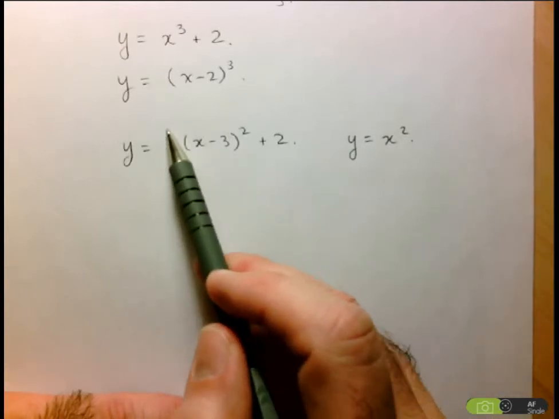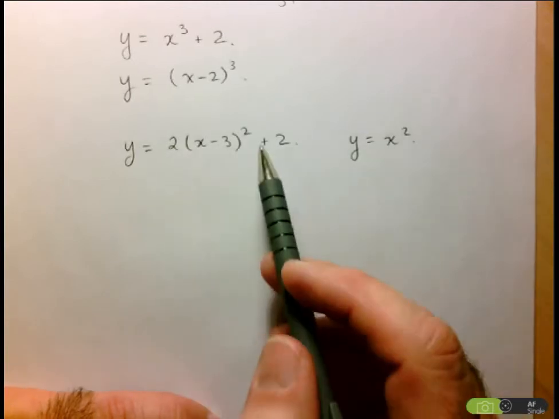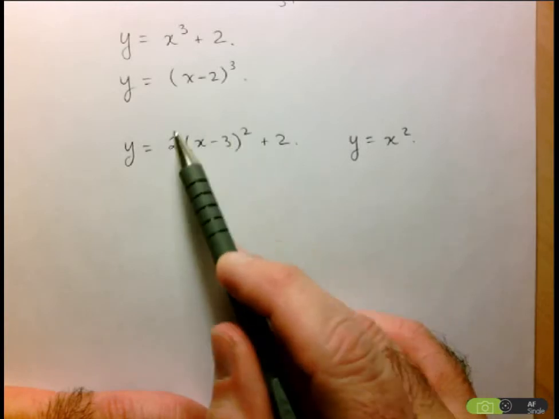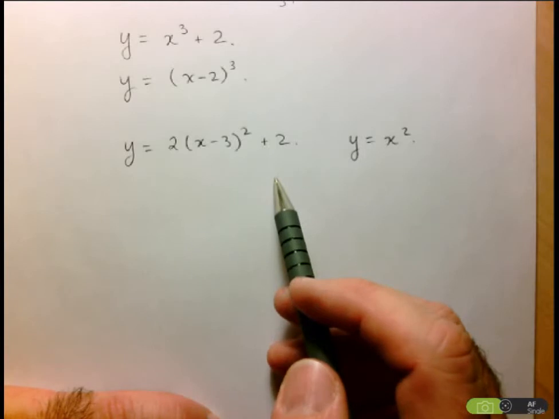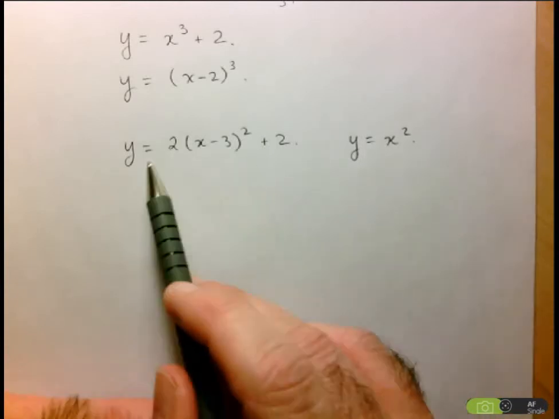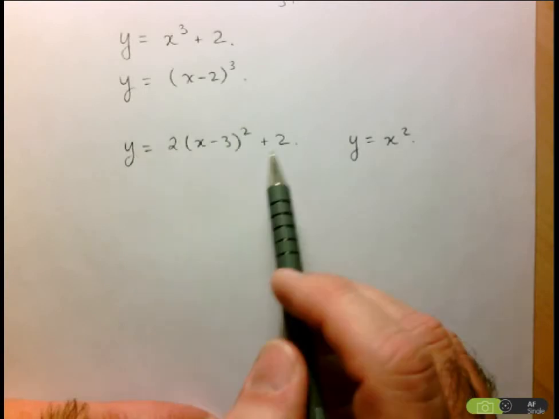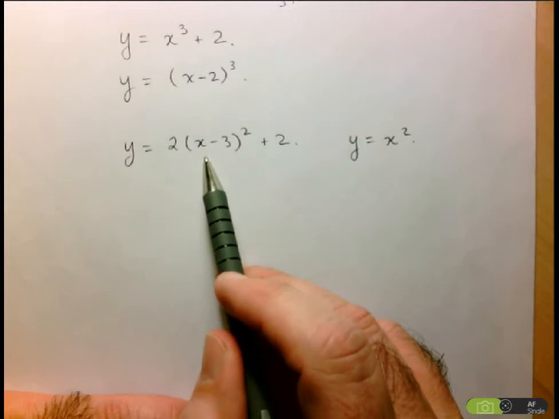Multiplying the x squared by 2, we know stretches it, giving us an expansion by a factor of 2. And we know that adding 2 after we've done these operations will move it up by 2 units. So again, when I talk about finding points on this transformed function, we're not plugging x values into this equation.